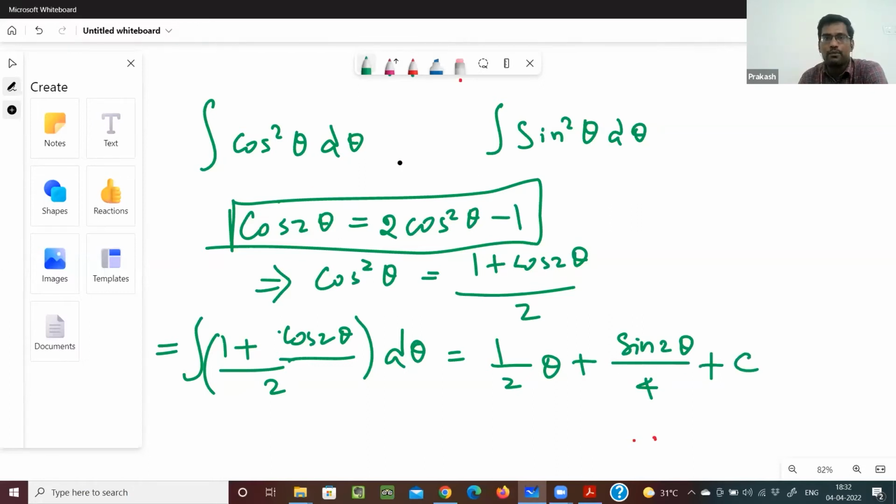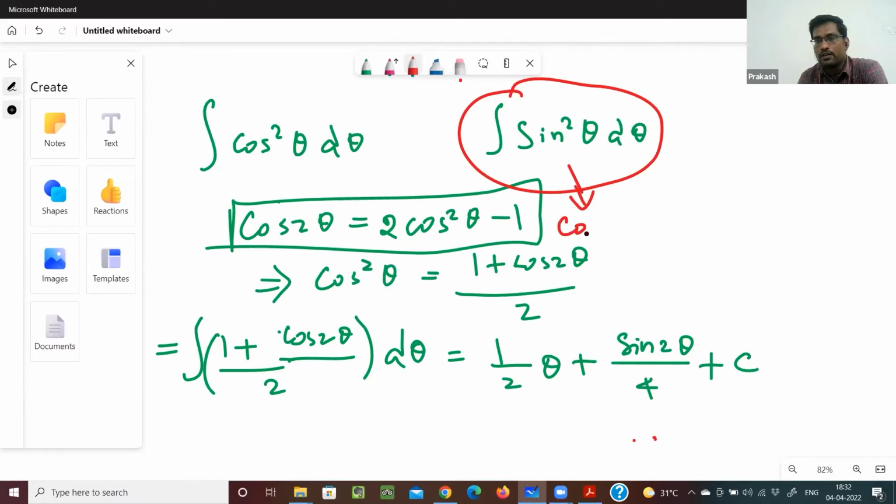Similarly, you can evaluate sine square theta also. I will just give you the idea: we know cos 2 theta is equal to 1 minus 2 sine square theta. You just need to use this trigonometry identity to evaluate this integral.